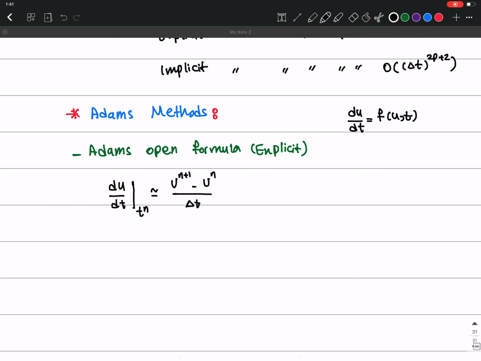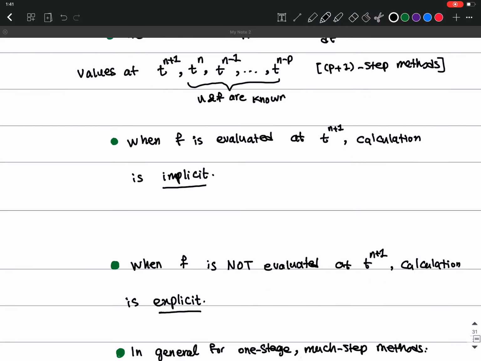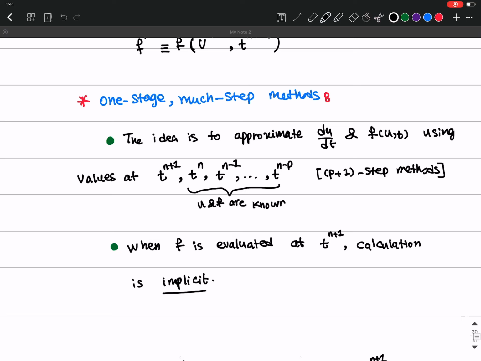And for f, what I'm going to do is use the old values. So here I can use t n minus 1, until t n minus p. Those are all known in this explicit method.